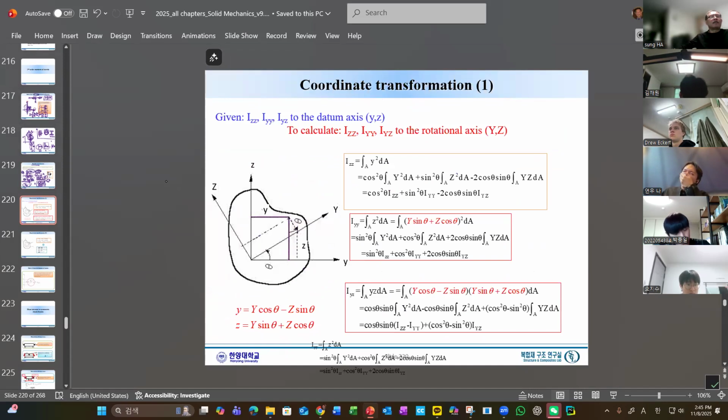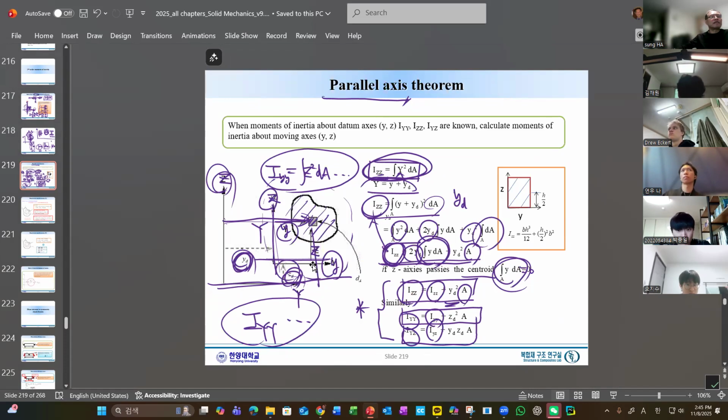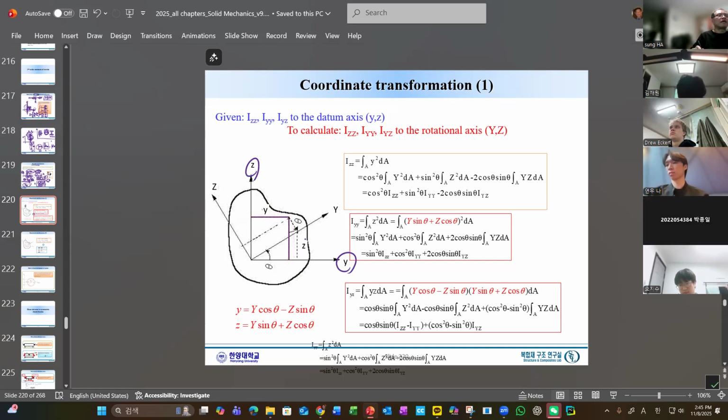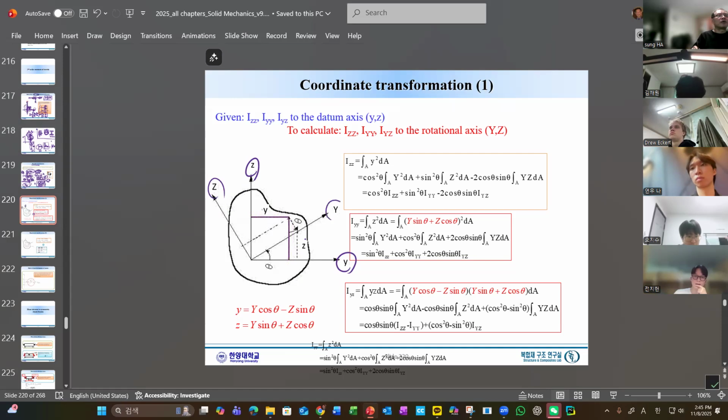And now another case is not just a translation like this, where the coordinate system just translates the y-axis and z-axis by a certain distance. Now another one is the rotation. Say we have a coordinate system Y and Z, and a new axis small y and small z, rotated by an angle theta.